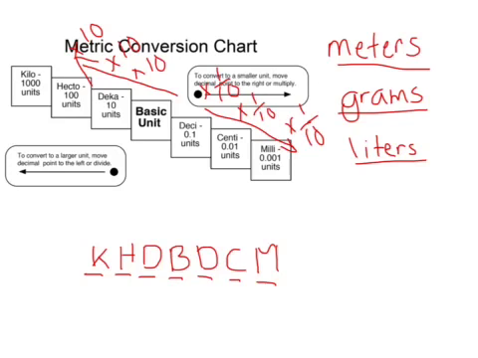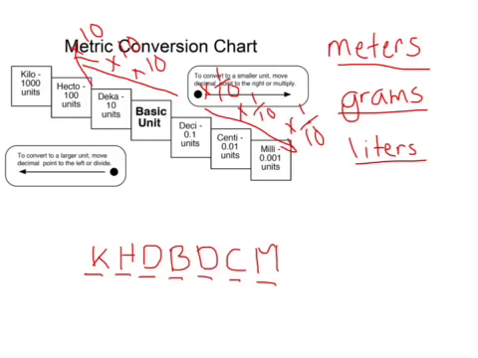H for Henry is hecto, is 100. Died is deca, which is 10. By is the basic unit, the meters, grams and liters. Drinking is the deci, which is 1/10. Chocolate is the centi, which is 1/100ths. And the last one, M, chocolate milk, is the milli, which is 1/1000ths.